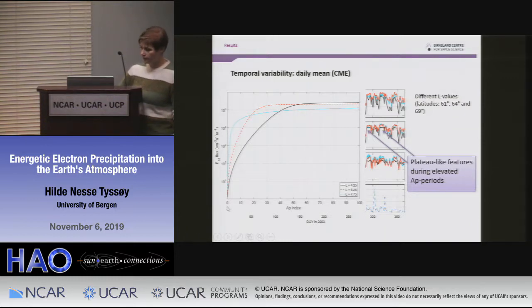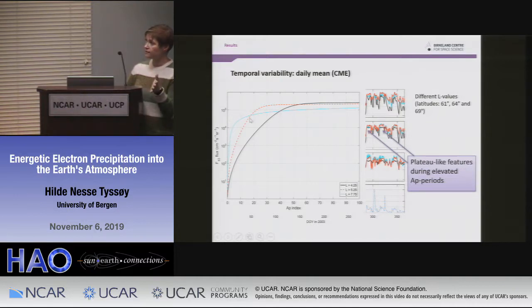Around 30 AP, it reaches a kind of maximum value and just slowly increases after that. That means that all the days that have an AP value of about 30 or more reach the maximum fluxes that this AP model will give.